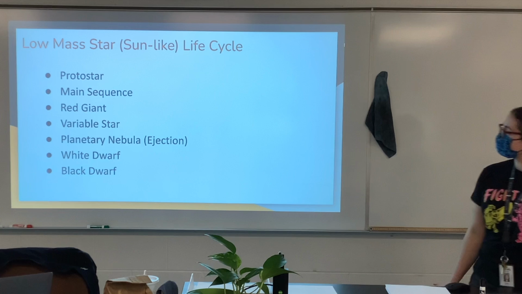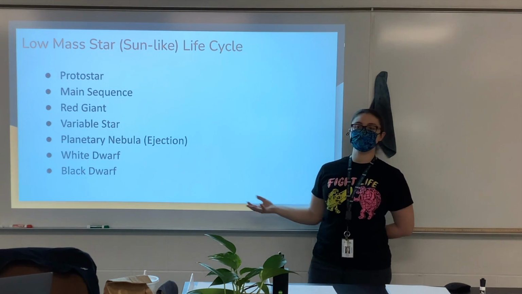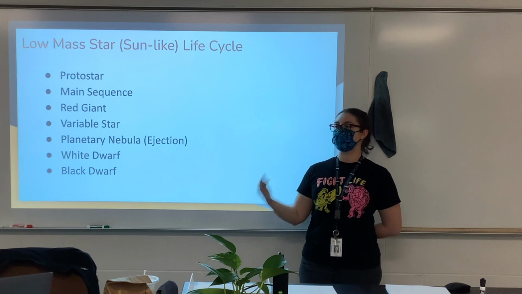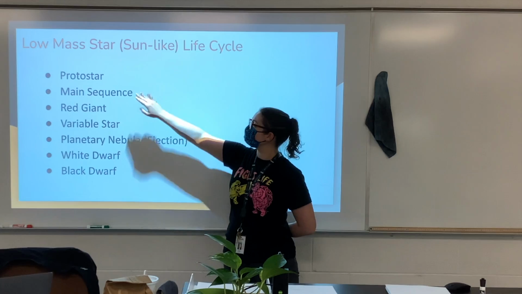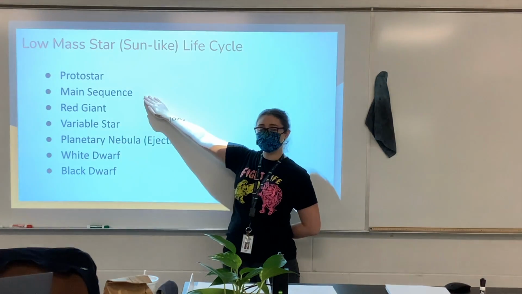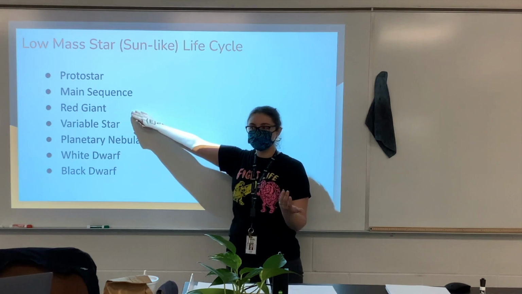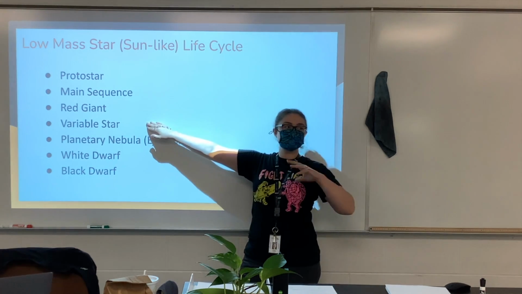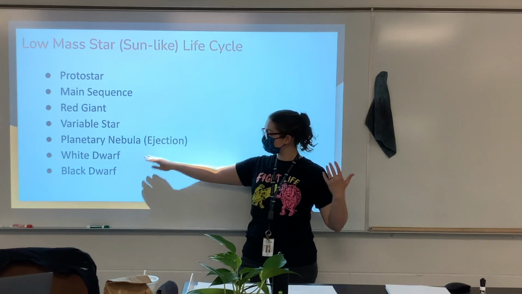So here's a summary of the life cycle, the stages of stellar evolution for a low-mass star. So something like our sun. It starts as a protostar, spends most of its life on the main sequence. Then as it ages, it'll become a red giant. And then again, it'll go through this series of expansions and contractions as a variable star.